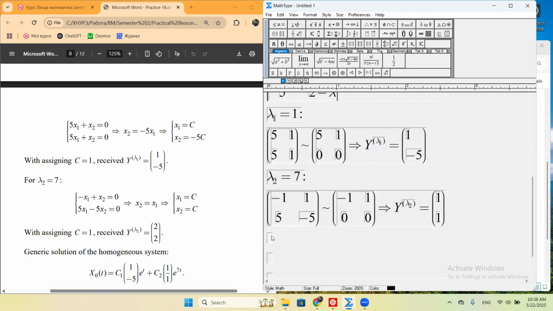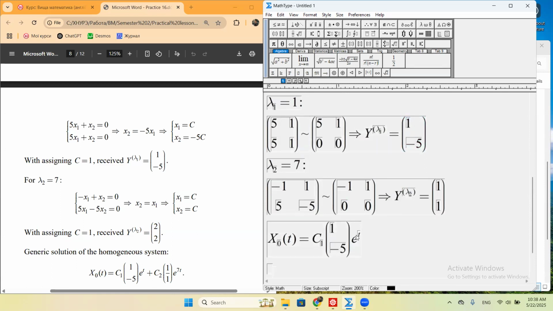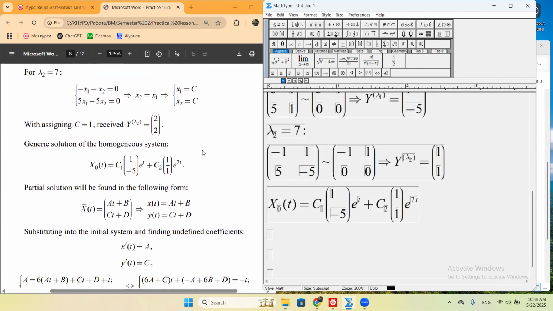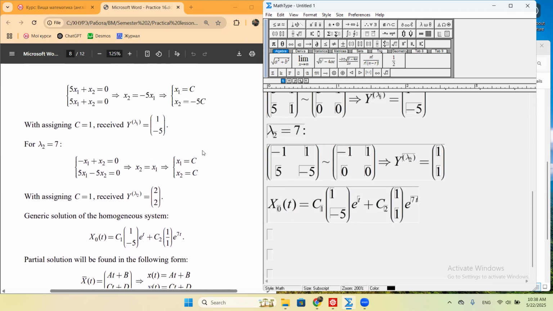Then the solution of the homogeneous system is the following. C1 multiplied by this expression, e in power of t, plus C2 multiplied by vector 1, 1, e in power of 7t. And what about the partial solution?